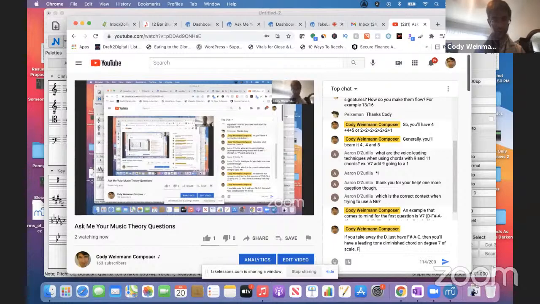F sharp, A, C. So you'll have that kind of stuff going on. Those both lead to G, B, D, 1.